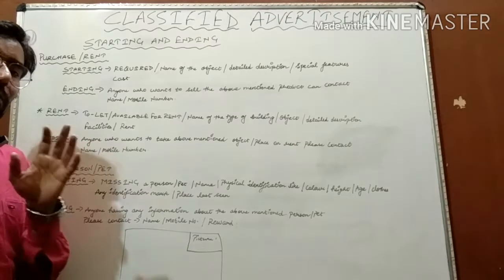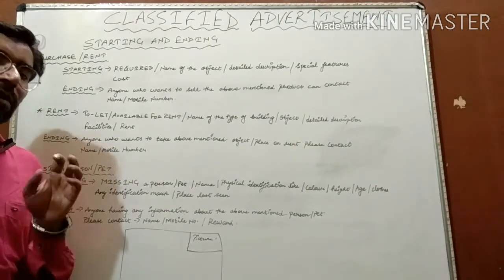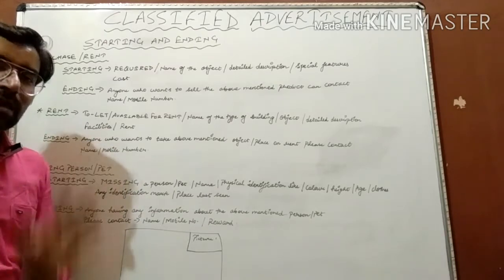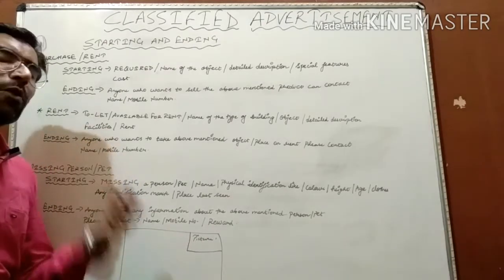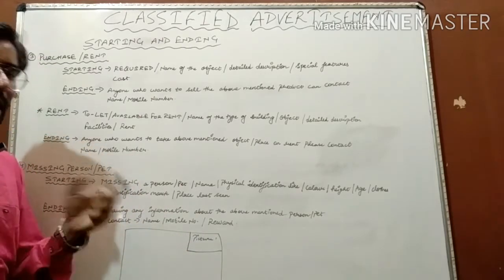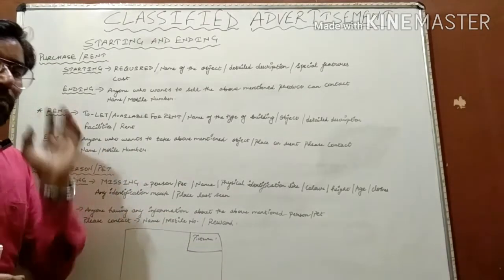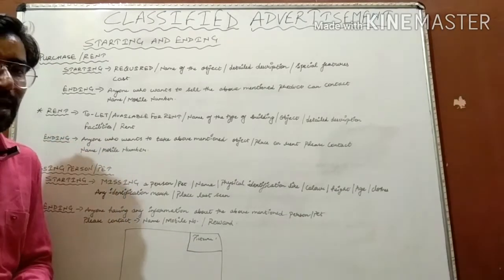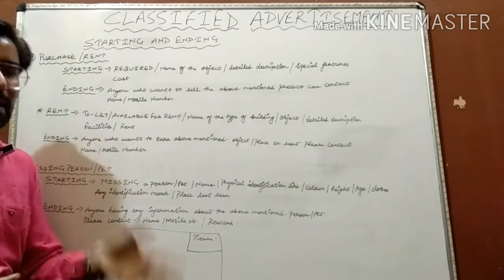Once again, I would like to bring it to your attention that no one is going to judge your drawing skills. Just draw whatever you can. Draw a picture somewhat identical to the person or the pet. For example, if you are drawing a cat, it must somewhat look like a cat.